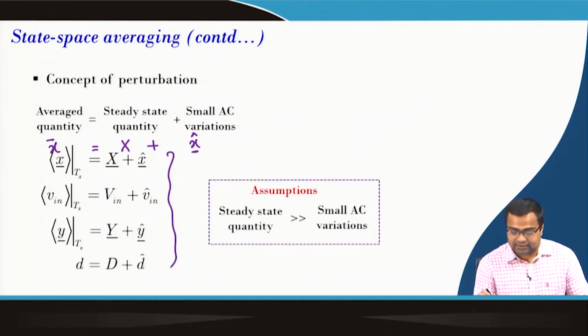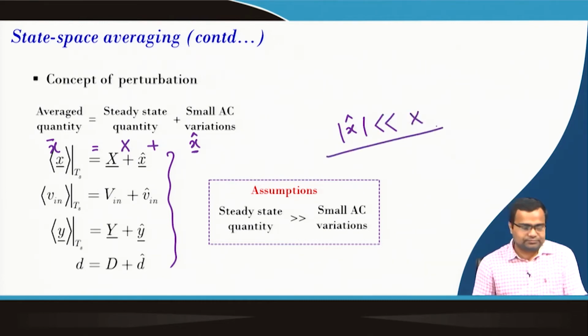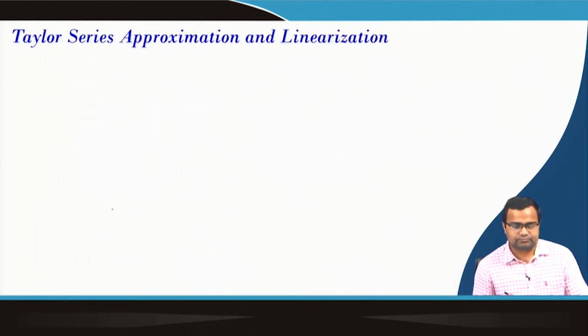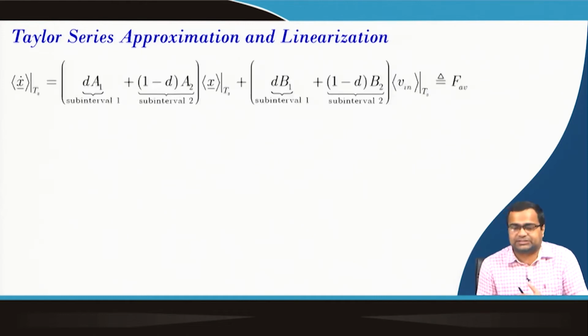The assumption, as we said earlier, is that the magnitude of all these perturbation quantities should be much smaller than the steady state quantity. That is true for all these quantities, so their magnitudes should be much smaller than the capital V. Then, in order to obtain the linearized model, we have to write the Taylor series expansion.